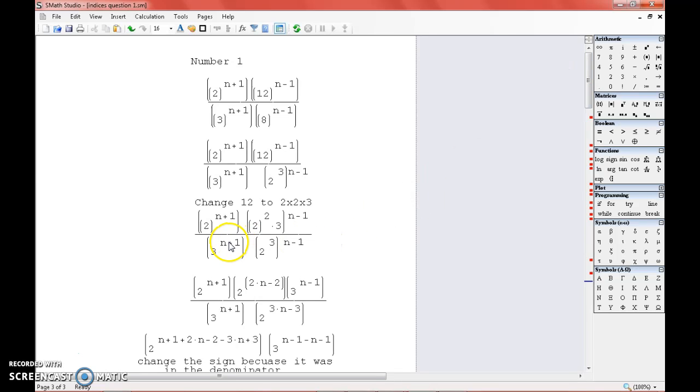Now you simply start multiplying. So 2 to the n plus 1, then 2, and you remember what the law said: you multiply everything outside with what is inside. So you multiply the 2 with the n minus 1, and also the 3 with the n minus 1.